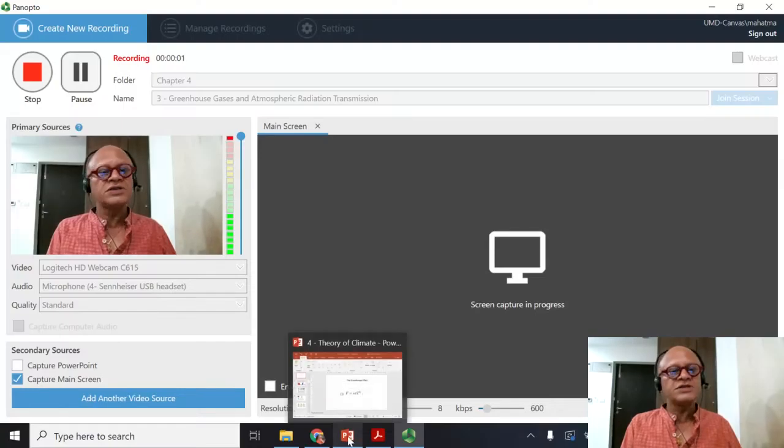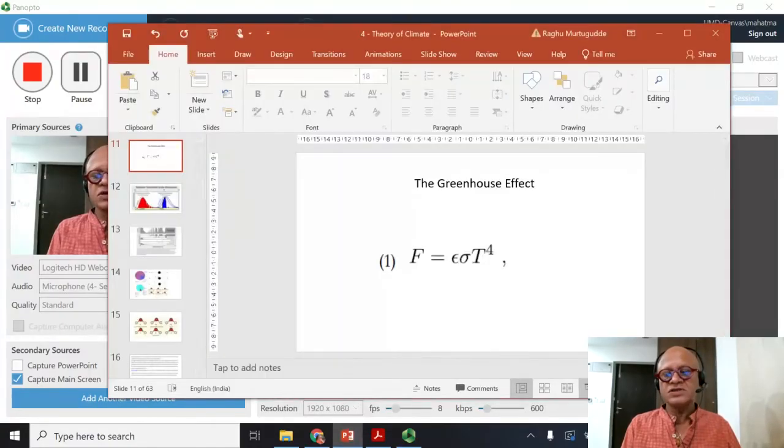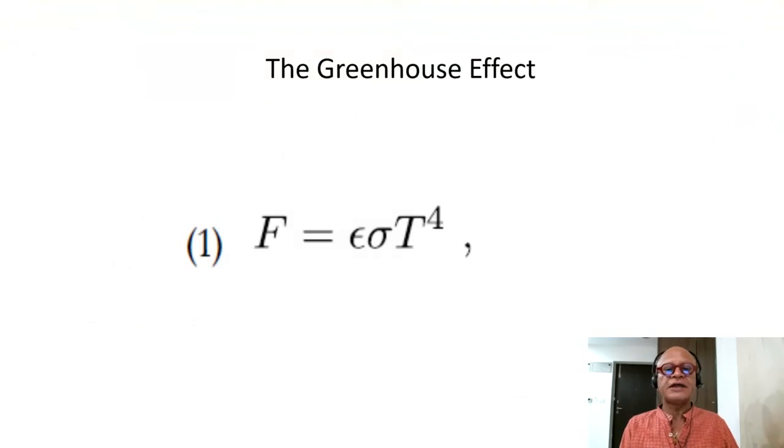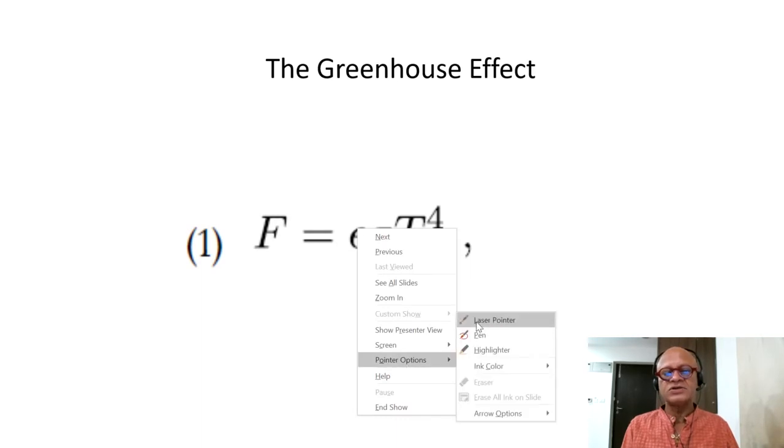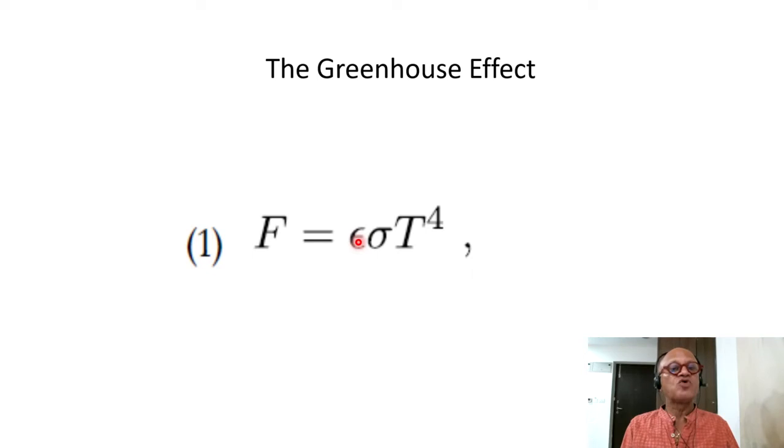Okay, let's move along with this solar radiation and greenhouse effect. We already saw this relation. I think I didn't mention explicitly that this is what is called the Stefan Boltzmann Law. So it's basically black body radiation, but once you add transmittivity, which can go from 0 to 1, then it's not a perfect black body anymore.